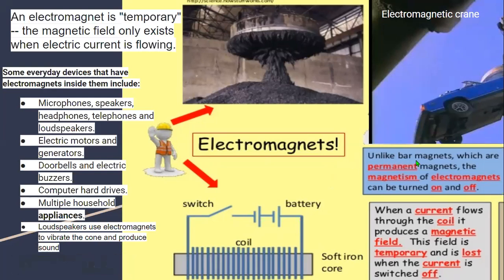Okay, unlike bar magnets, which are permanent magnets, the magnetism of electromagnets can be turned on and off. So like this crane can be turned on and off, and this electromagnet can be turned on and off. When a current flows through the coil, it produces a magnetic field.